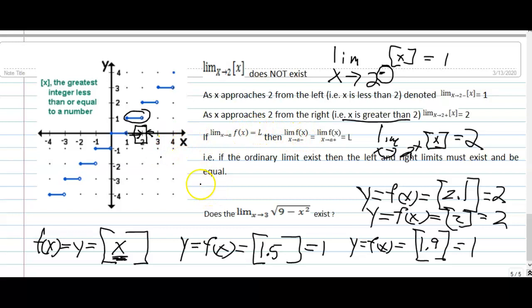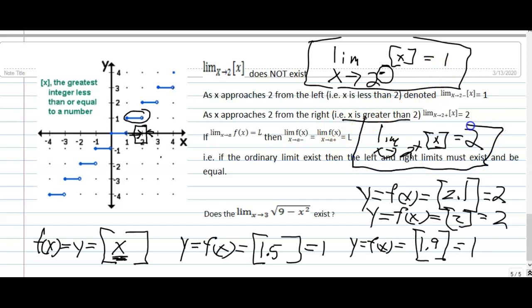So in order for the ordinary limit to exist, the left and right limits must exist and be equal to each other. Well, here the left limit, the limit as x approaches 2 from the left, does exist. It is equal to 1. Here the limit as x approaches 2 from the right does exist, and it's equal to 2.